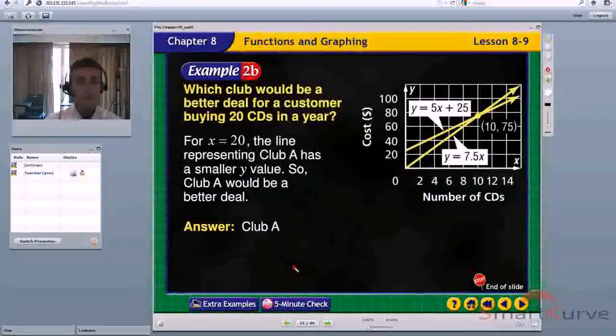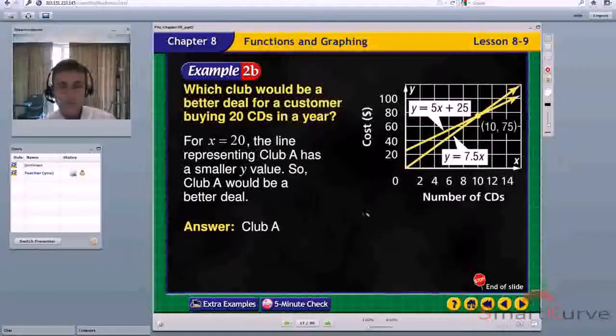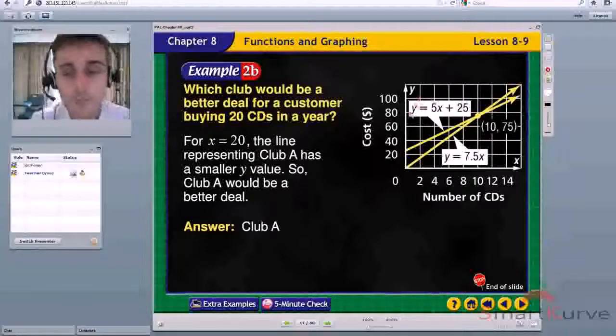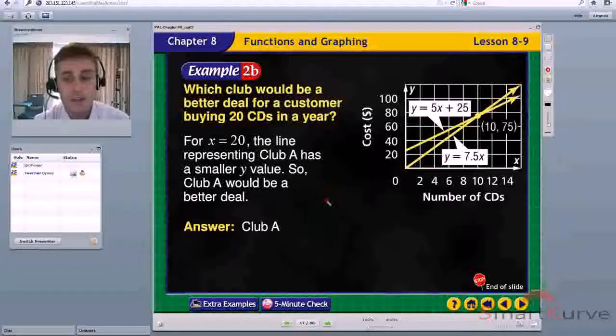Now, which club would be a better deal for a customer buying 20 CDs in a year? Well, for x equals 20, the line representing Club A has a smaller y value, so Club A would be a better deal. We can plug that in to find y, the total cost, if x equals 20. For Club A, y equals 20 times 5, which is 100, plus 25.